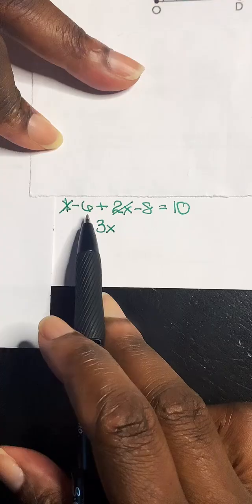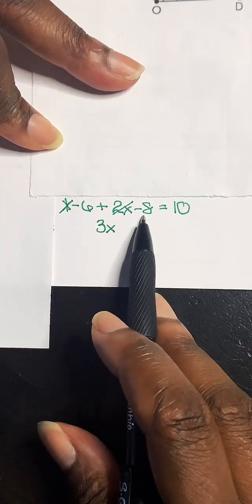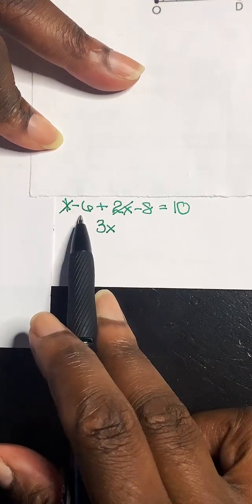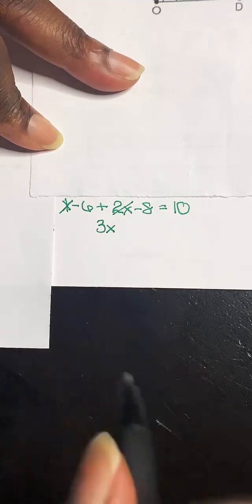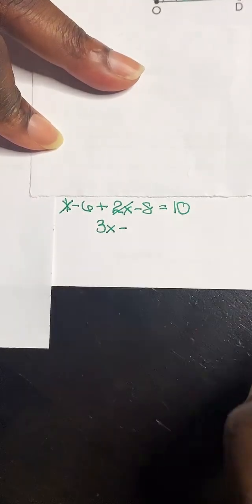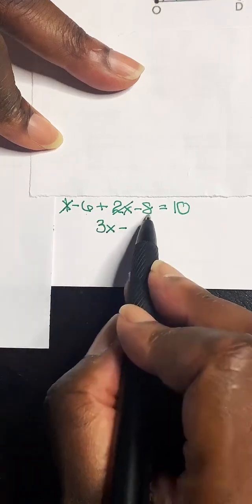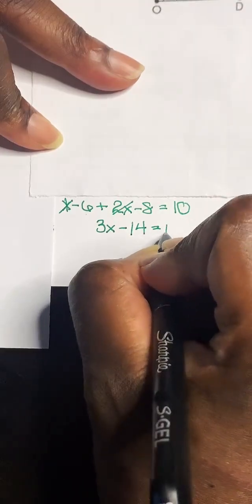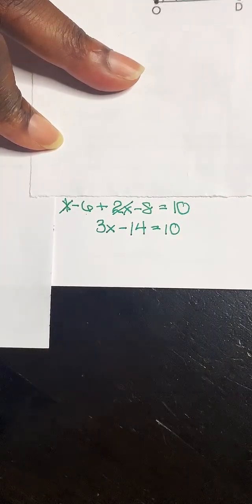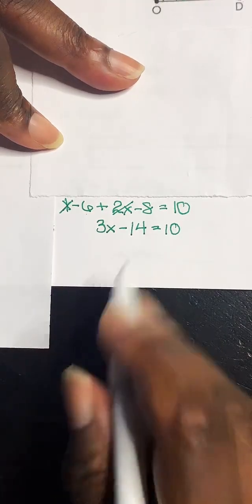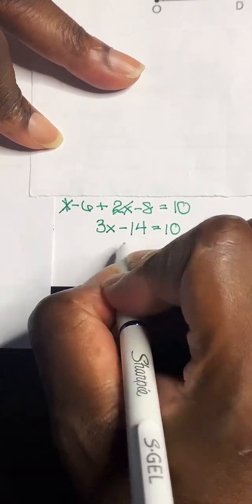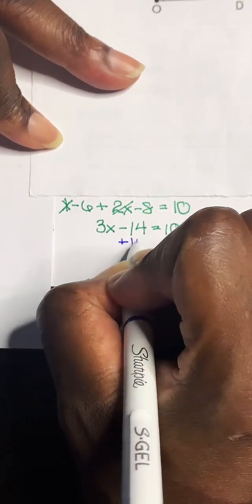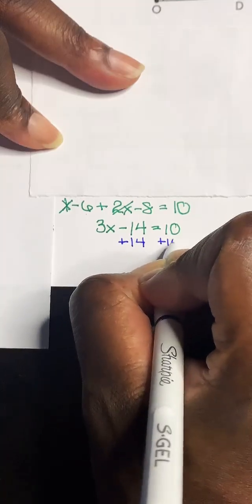Now we have negative 6 minus 8. Both of them are negative. They're the same signs, so we're going to keep the sign and combine the 6 and the 8, which gives us 14. And bring down the equals 10. From here, we're going to add 14 on both sides.